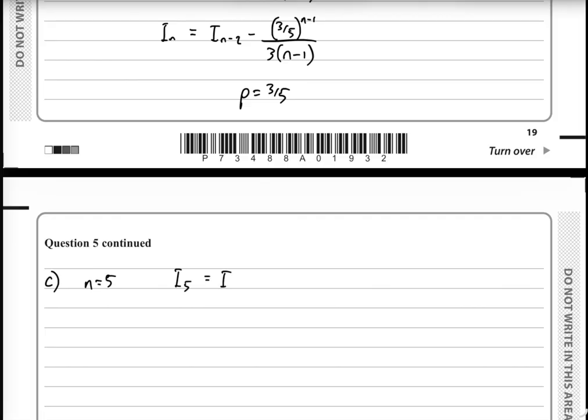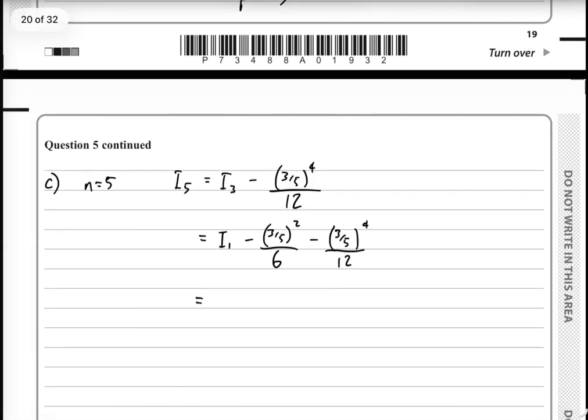I5 equals I3 minus 3 over 5, to the 5 minus 1, that's 4, over 3 times 5 minus 1, so that's 12. And then we have to apply I3, so that's I1 minus 3 over 5 to the 3 minus 1 is 2, over 3 times 2 is 6, and then we still have this term from the line above.